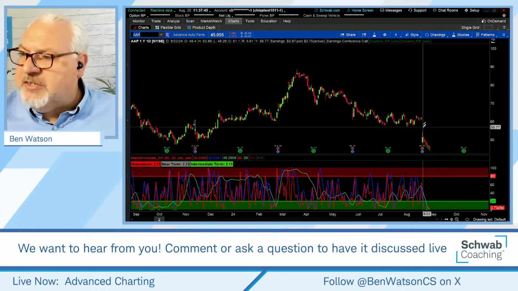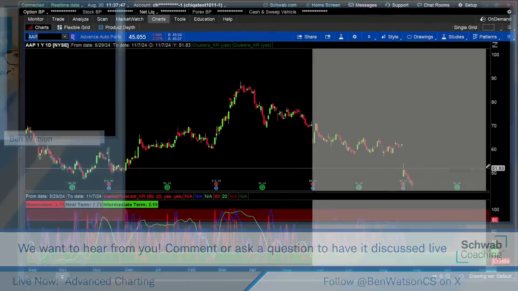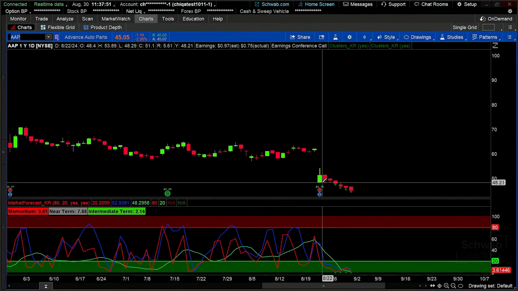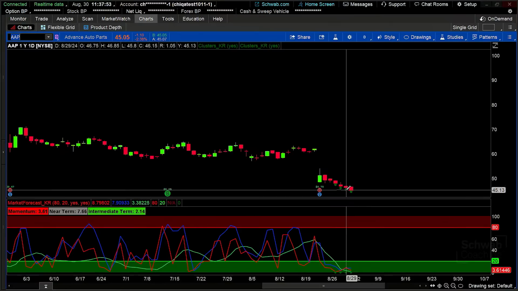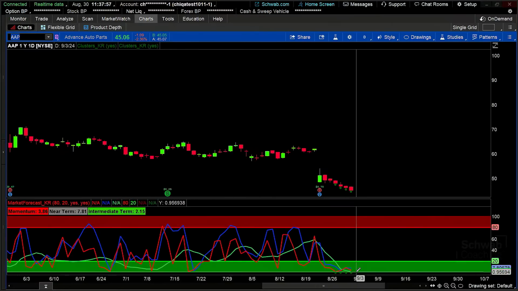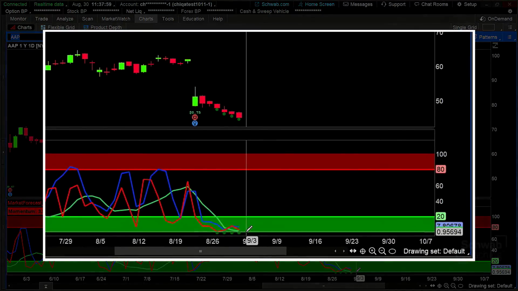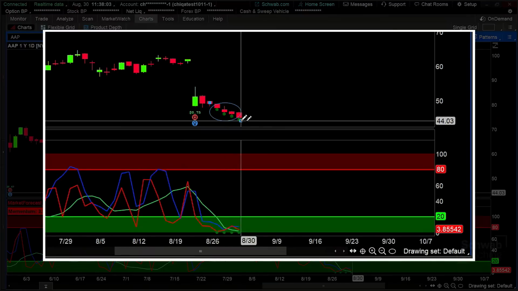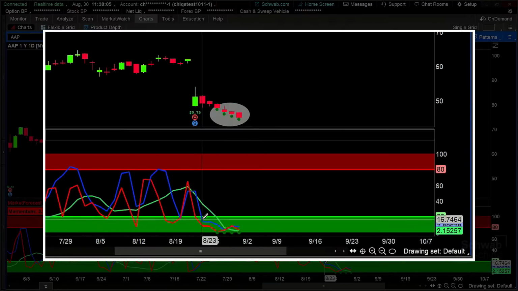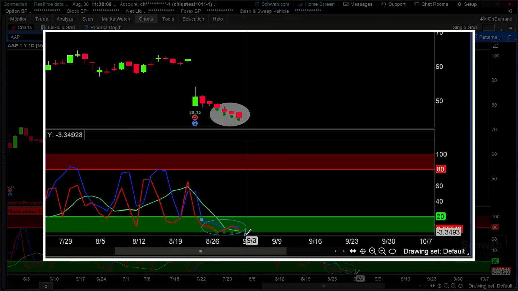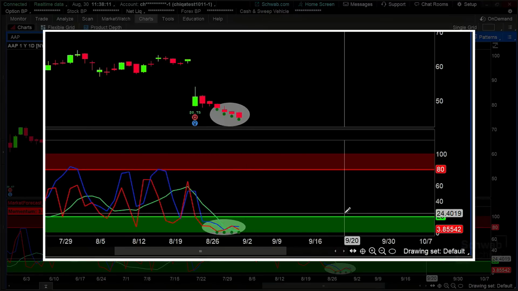We had the earnings announcement on AAP. I'm going to zoom in. Earnings announcement on AAP pushed the price down. Now we've had 1, 2, 3, 4 cluster signals that have occurred down here at the bottom of that oversold range, right? So here's the cluster signals on the chart. Here's the cluster signals on the market forecast indicator right there.